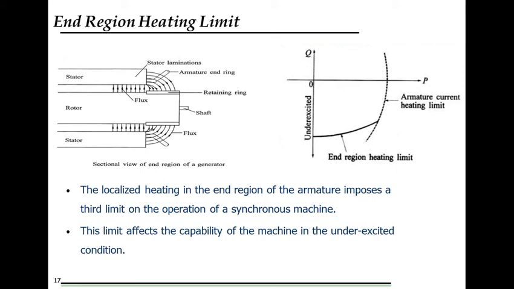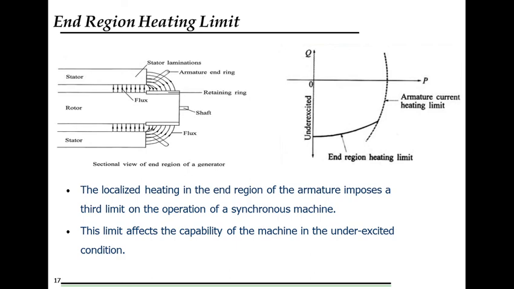This causes a higher leakage flux linkage with the stator core lamination, which subsequently induces eddy current. This eddy current produces I square R loss, that is the heat loss, and leads to heating at the end points. End part heating is thus caused mainly by end turn flux.